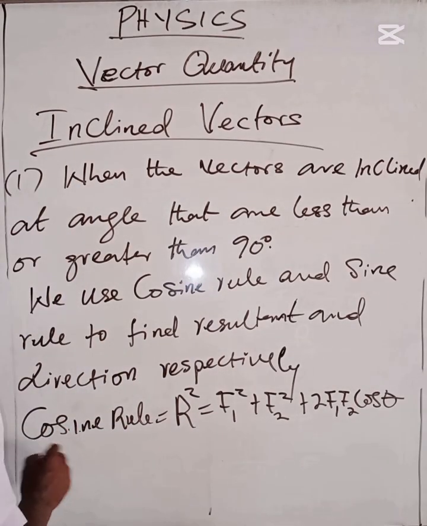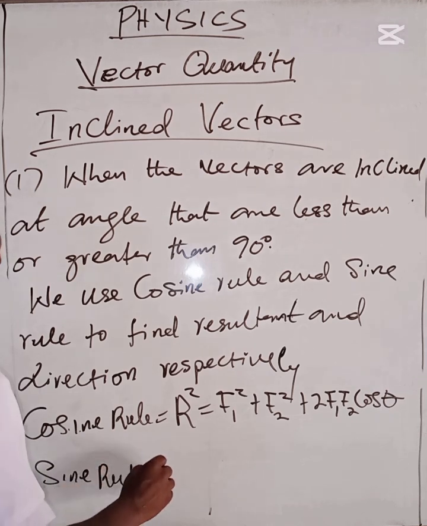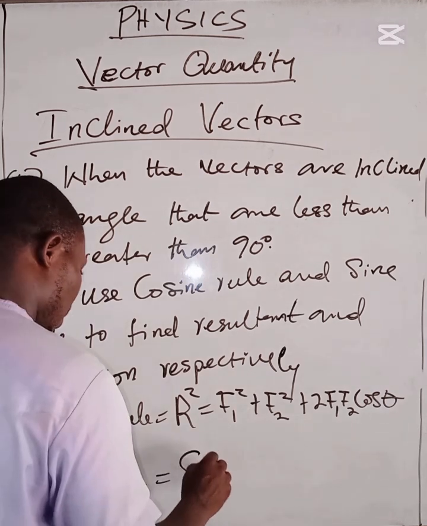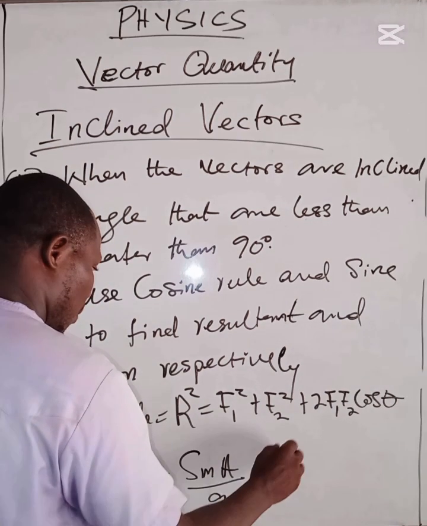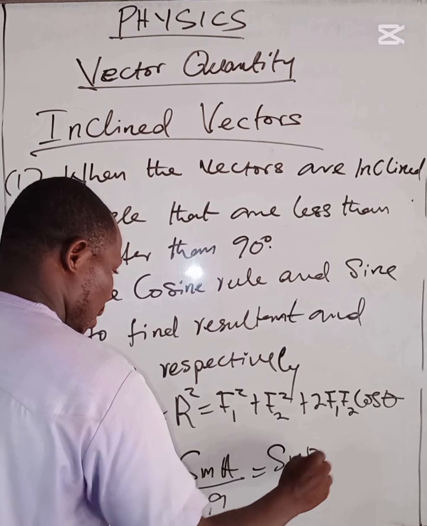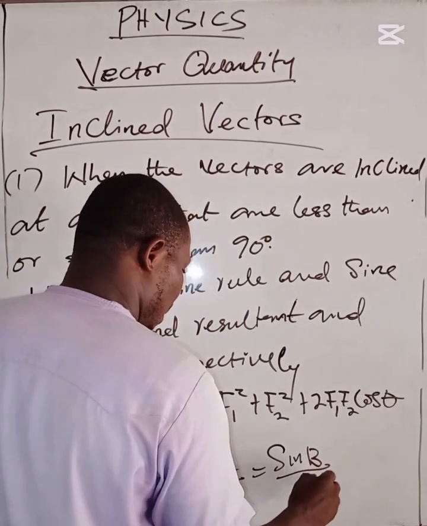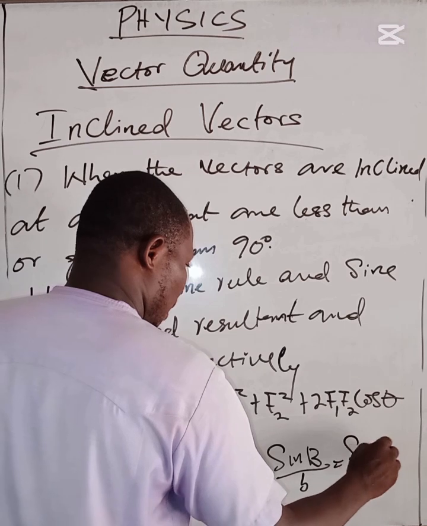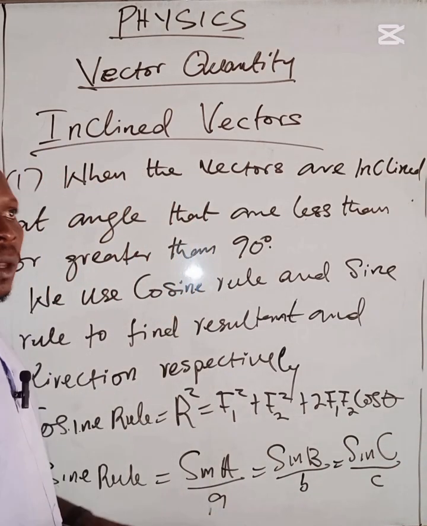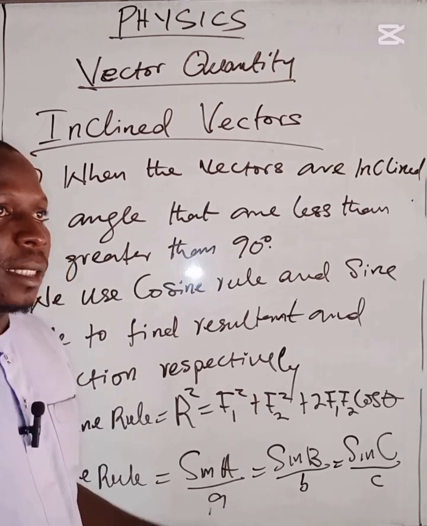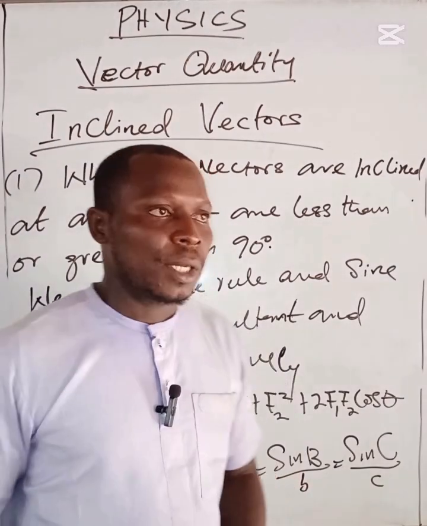While the sine rule says that sine of angle A over the opposite small letter a equals sine of angle B over the opposite small letter b equals sine of angle C over its opposite small letter c. Okay, so these are the formulas you use to find the resultant and the direction.